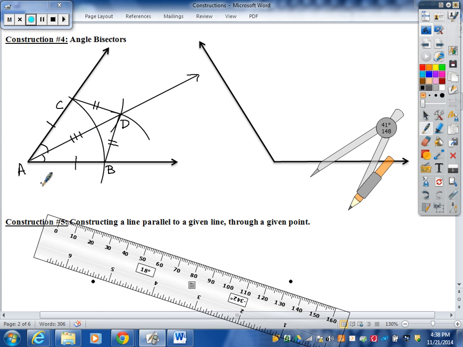And so actually I'm going to write that down. Triangle ACD is congruent to triangle ABD by side, side, side. Okay? As a result, these two angles here inside have to be the same measure because they're in corresponding positions to each other. All right? And so that's why that construction works right there. And so go ahead, use that obtuse angle now, and see if you can go ahead and reproduce the angle bisector.